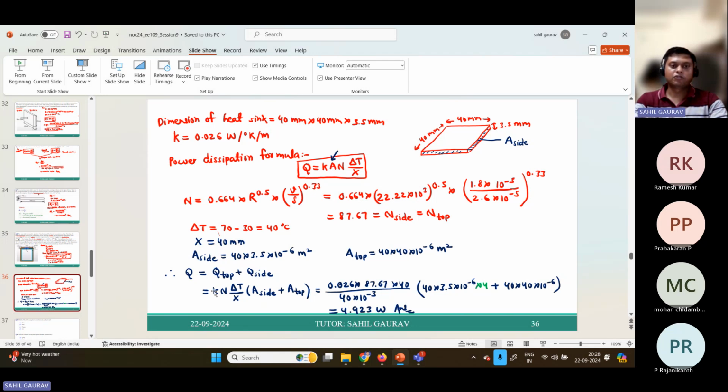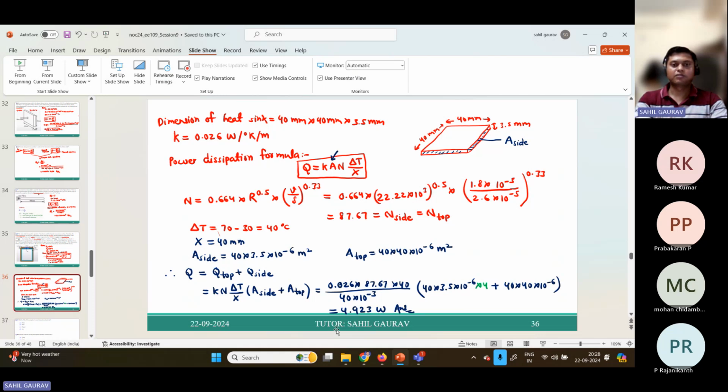Then you have to see the convection from the top and from the sides also. There are 4 sides, so you have to take care of all the 4 sides. Convection will happen from the top side only because on the bottom side the element will be present, so we do not consider the bottom. That's why we have not multiplied with 2. So you will get this power dissipation as 4.923 watt.